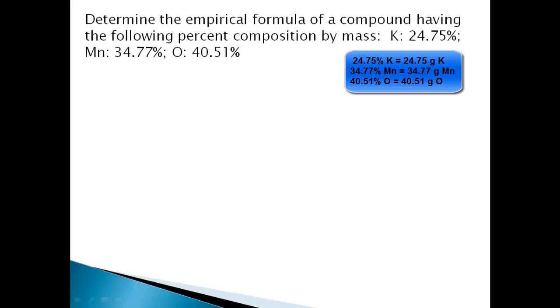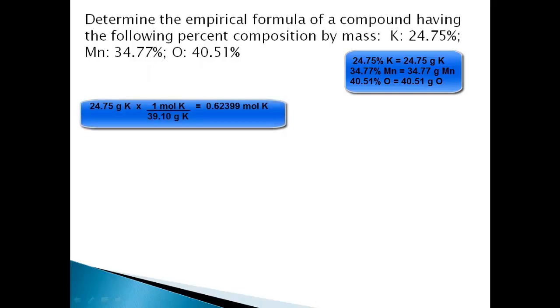So you take the grams and use the molar mass of each element to convert to moles. For 24.75 grams of potassium, what's the molar mass of potassium? It's 39.10. So 39.10 grams of potassium goes on the bottom, because it has to cancel with the grams on top, and that's equal to 1 mole of potassium. Molar mass can only be over 1 mole of that element.